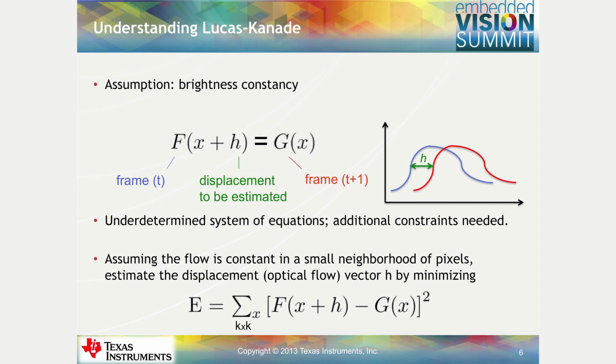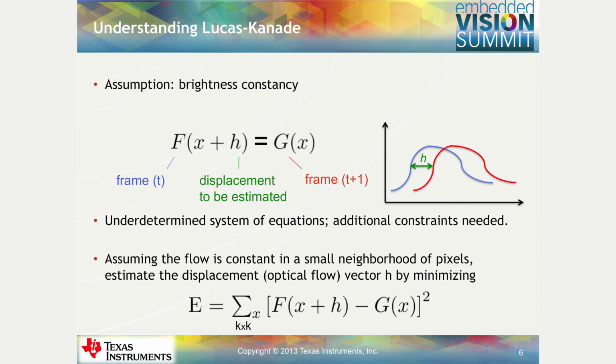What we're going to need to do is to bring in more constraints, more information or stronger assumptions about the problem. And the particular way Lucas-Kanade goes about this is that it assumes the motion around that point in a small neighborhood around that point is actually constant. Let's assume it's the same, let's say, vector h that will apply to all those pixels around the point of inquiry. And it will pose this as an energy minimization problem.